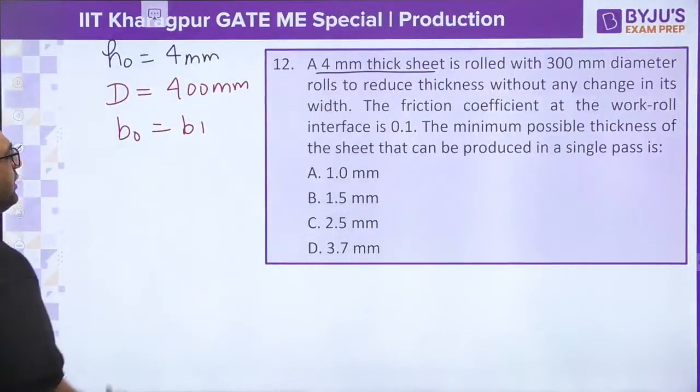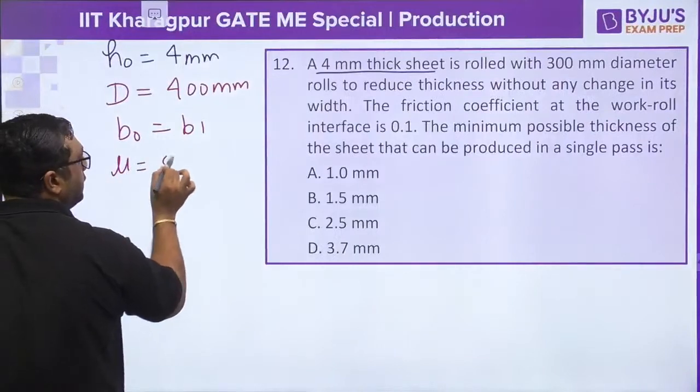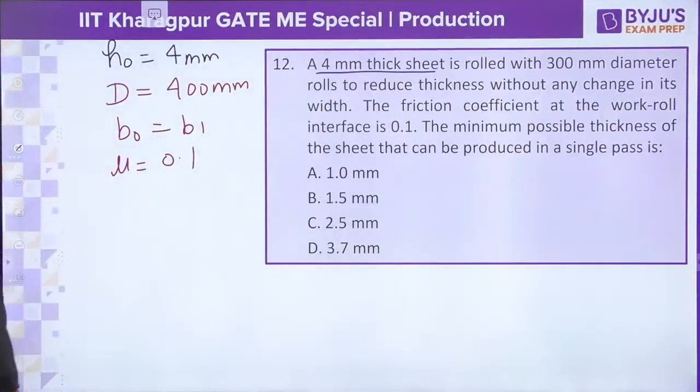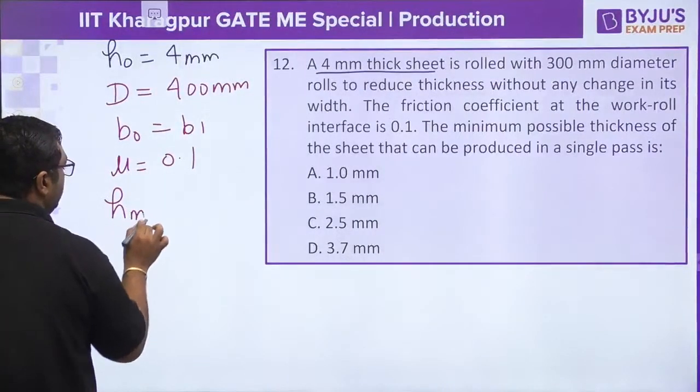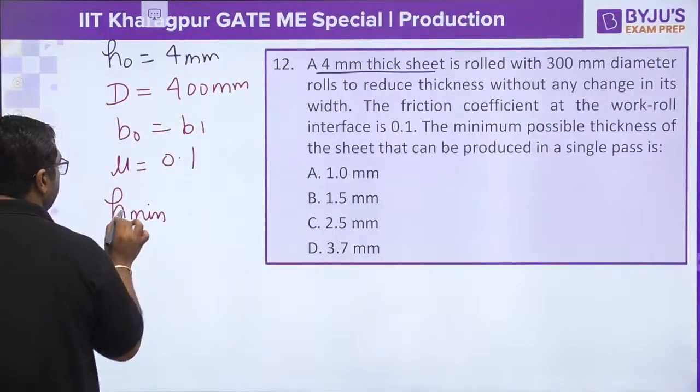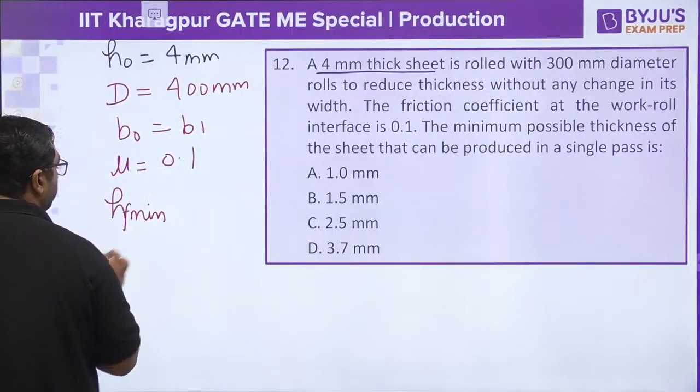Friction coefficient at the work roll interface is 0.1. The minimum possible thickness of the sheet that can be produced in a single pass; you need to find H final minimum.